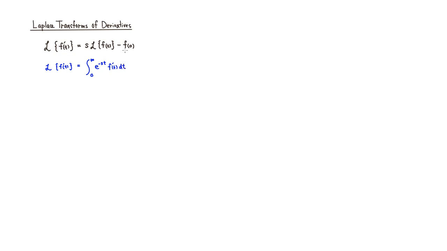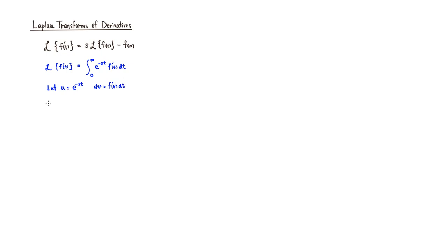Then we're going to use integration by parts. We're going to let u be e to the negative st, and dv to be f prime of t dt.